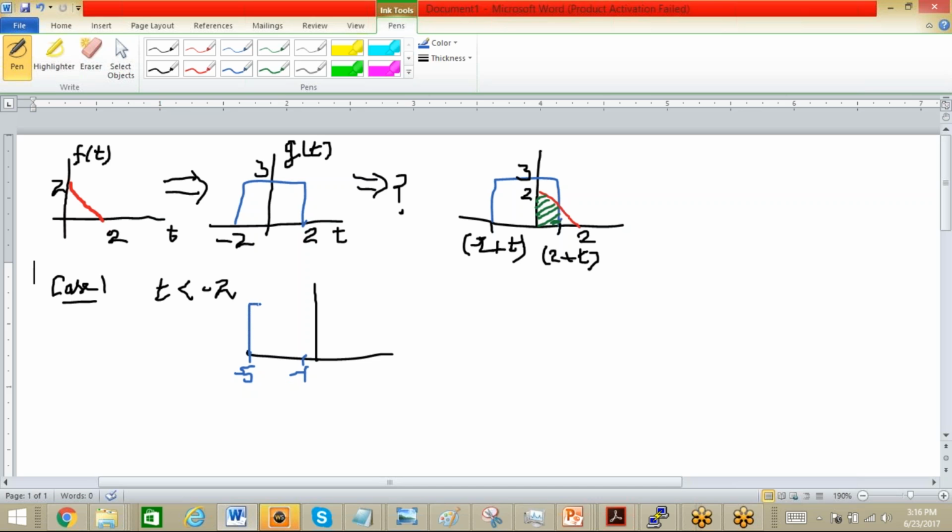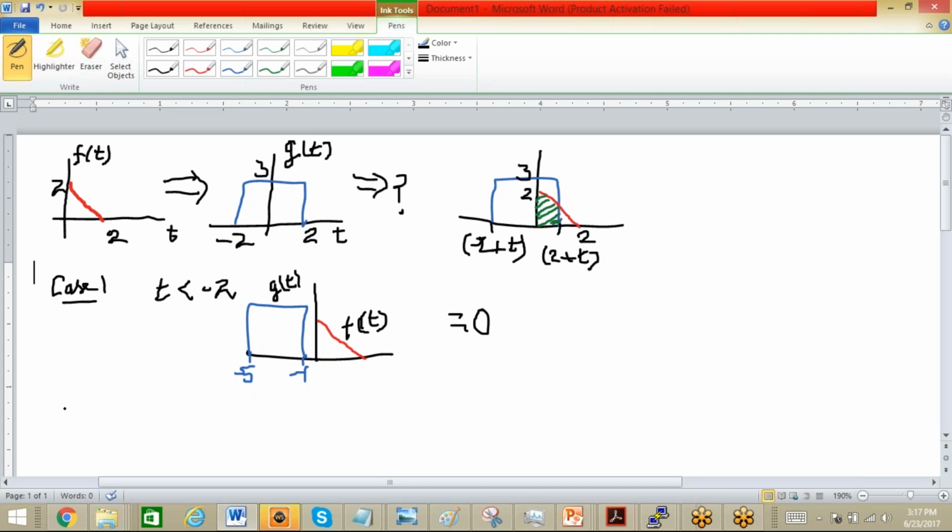This will be your function g(t), and this will be your function f(t). You can see here that there is no overlap between g(t) and f(t). If there is no overlap, then the area enclosed will be 0. So if you multiply it, the result is nothing but 0. Clear?